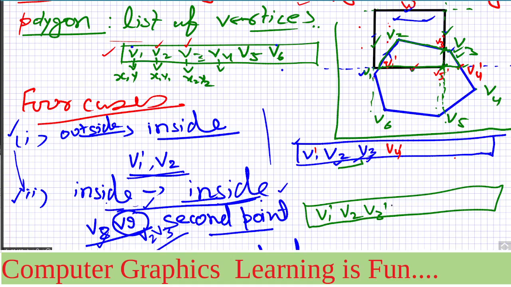So you will store V5 dash here. In this way you are getting these vertices, so this will represent your portion of the polygon which is coming inside the window and which will be ready to be displayed.